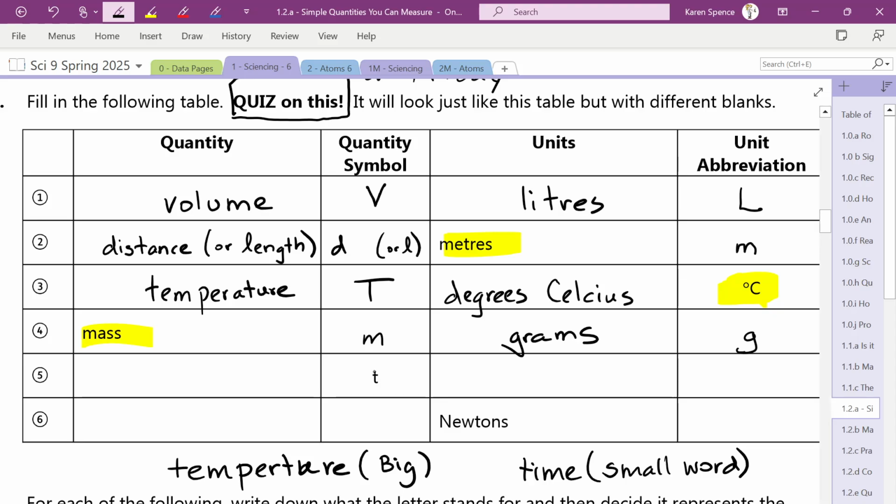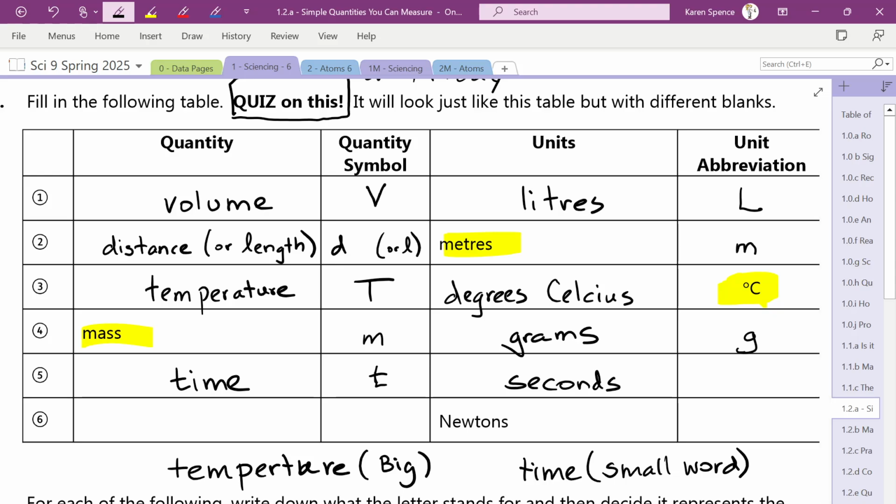We have a small t here, and remember the word time is small, so that is time, not temperature. What's the unit of time? Seconds. There are other units of time, but seconds are the one that are most used. They are the standard scientific unit of time.